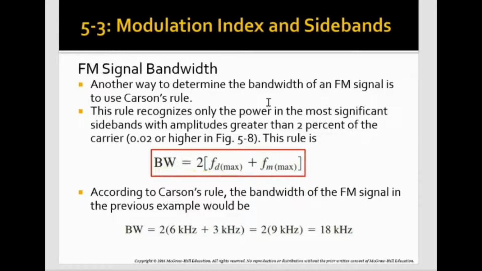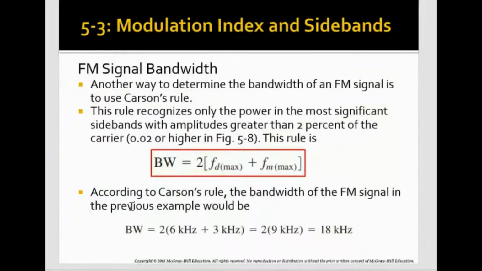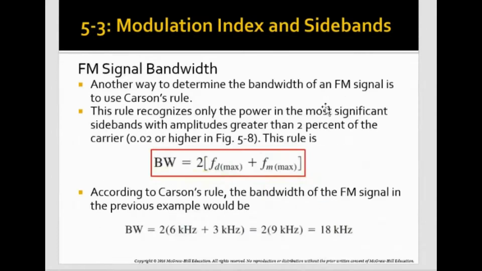If we use our previous example, according to Carson's rule, the bandwidth of the FM in our previous example is 2 times 6 kilohertz, the maximum frequency deviation, plus 3 kilohertz, the maximum modulating frequency.